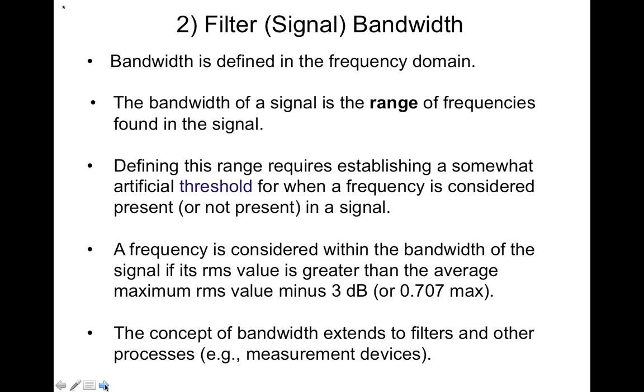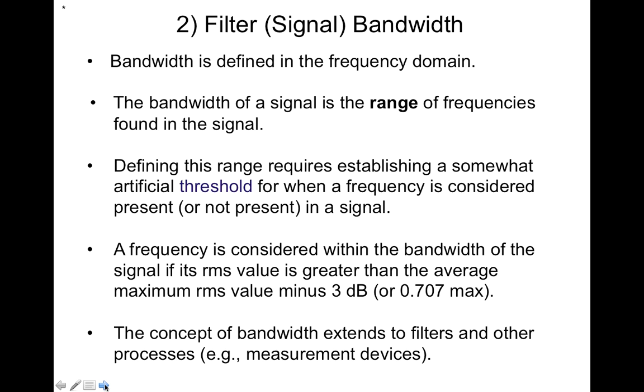If we take 0.707 and we convert that to dB, that ends up being 3 dB. So a frequency would be within the bandwidth as long as it is within 3 dB of the output over input being equal to having a gain of 1 or 0.707.